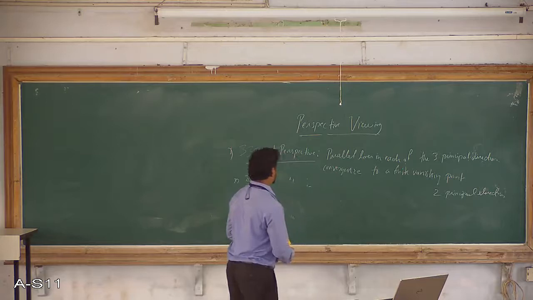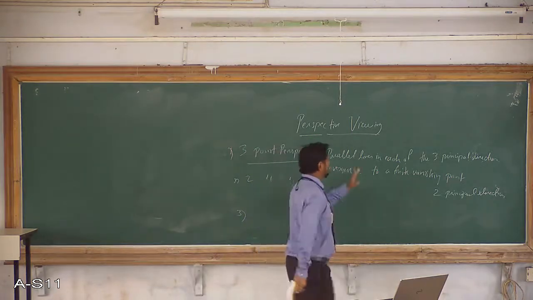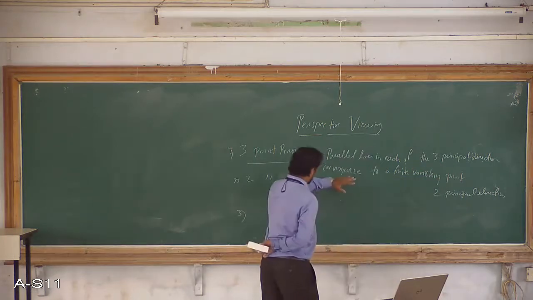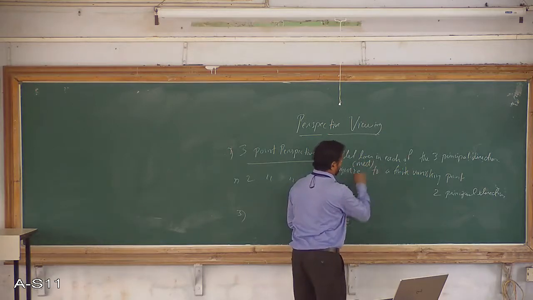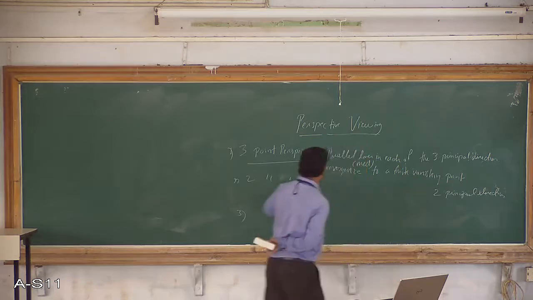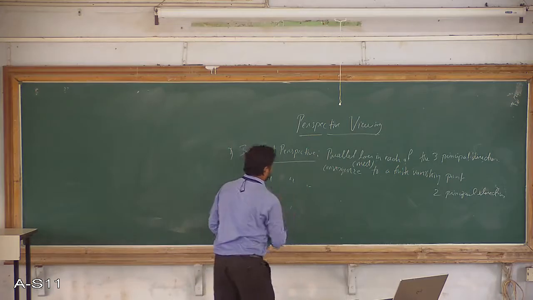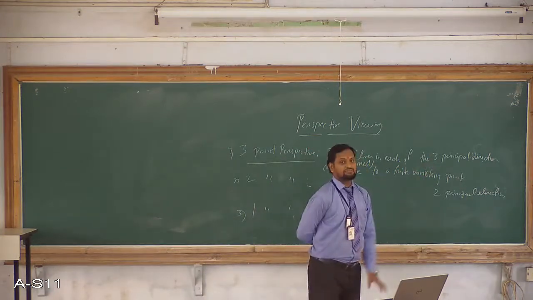So when I say three-point perspective viewing, it says the parallel lines in each of the three principal directions converge, in the sense that they will meet at a finite vanishing point. Secondly, I have two-point perspective, where the parallel lines in each of the two principal directions are considered.